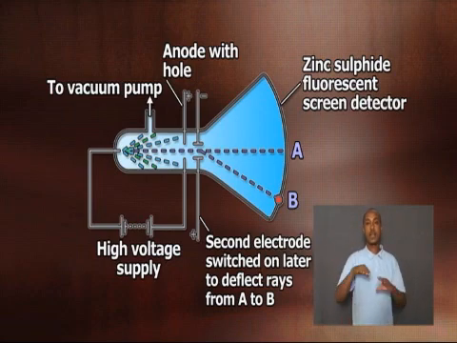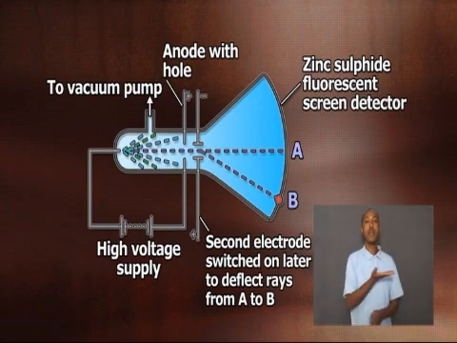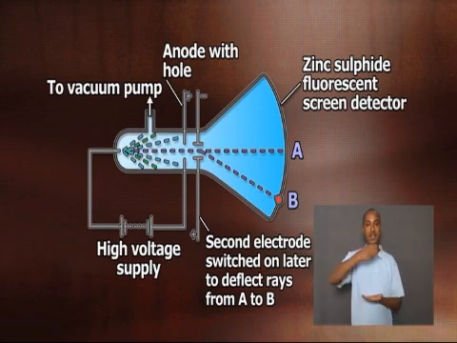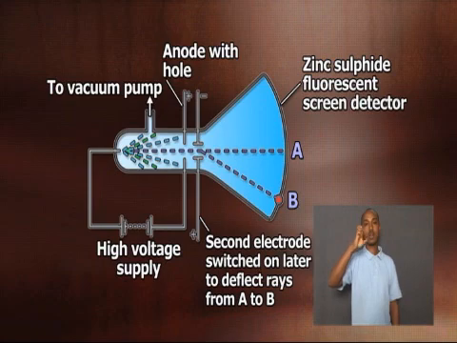In a cathode ray, an object placed between the cathode and the opposite end of the tube will cast a shadow on the glass. This shows the cathode rays traveling in a straight line.